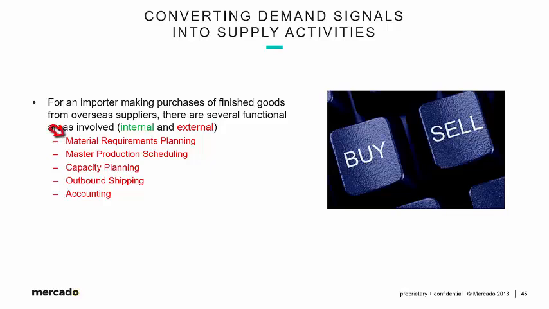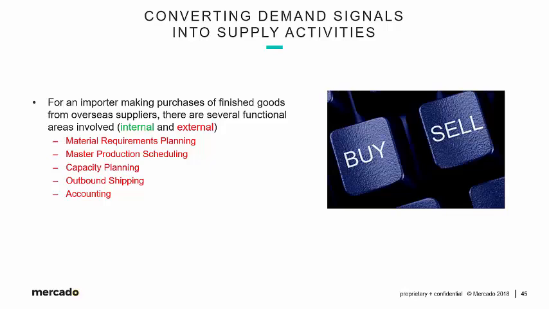MRP, as we've said, material requirements planning, is about planning for the acquisition of raw materials that go into manufacturing. How are our vendors overseas going to know what type of raw materials and in what quantities they're going to need if we're not working with them, giving them visibility into forecasts, placing actual POs, making adjustments quickly? MRP is on the vendor.